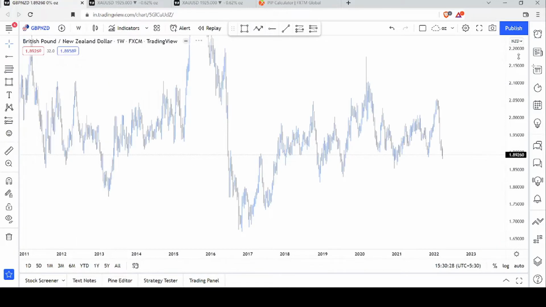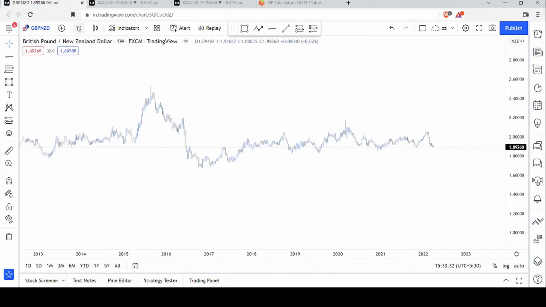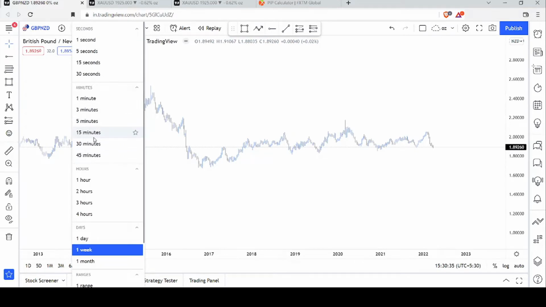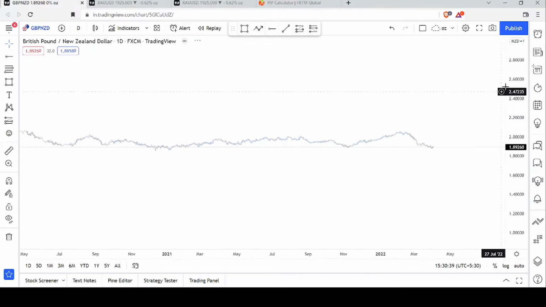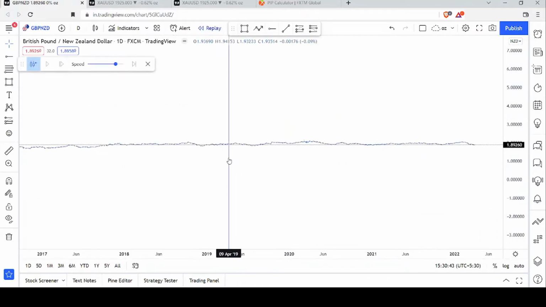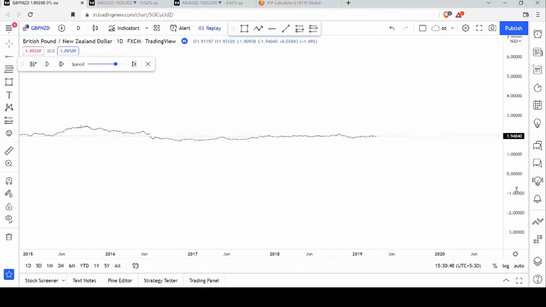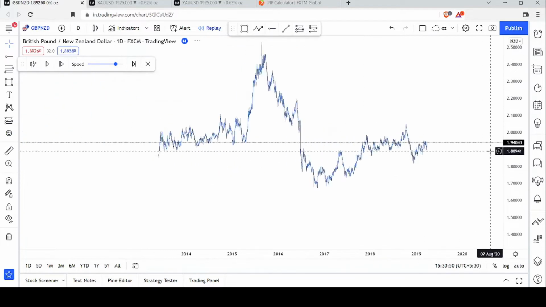NZD, yeah. As you can see, I do not have any markings on this chart because I do not trade on this. Let's go to daily. We'll just take somewhere random here, and we're going to start. So let's see what's happening.